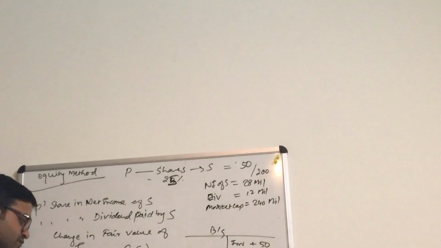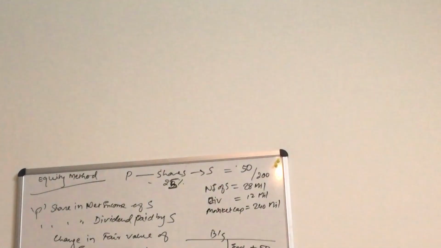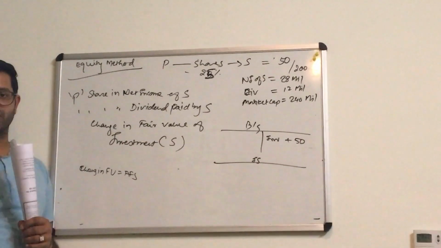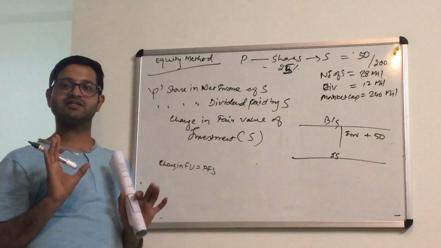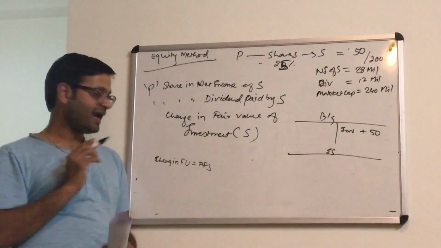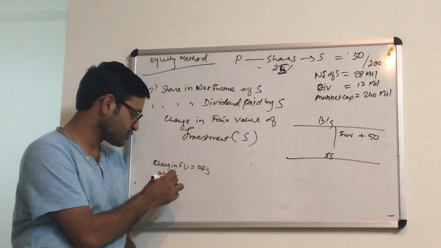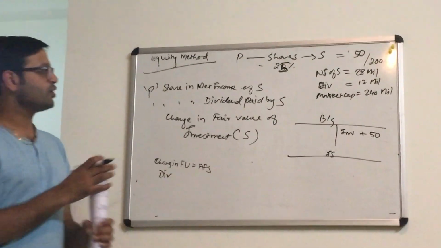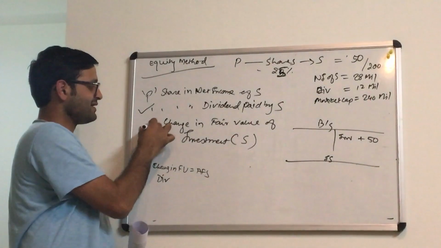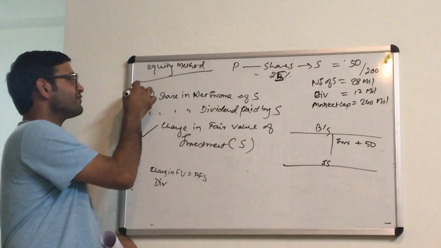We did not use the net income at all. Whatever they earned, I don't care. I'm only concerned about how much my investment is worth, and if they pay me any dividend, of course. Correct? So out of these three things, only this and this are important for AFS.